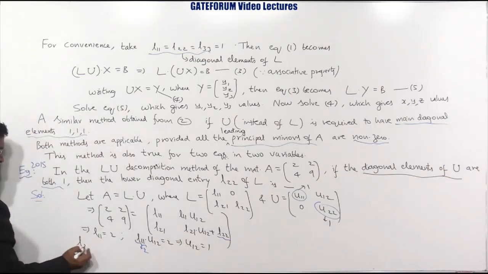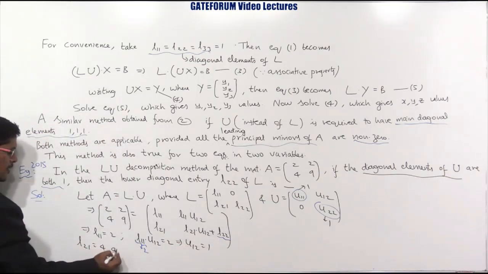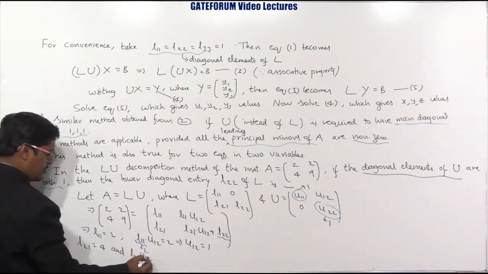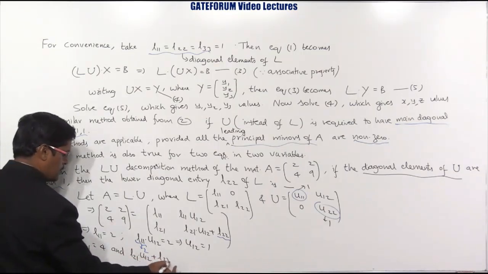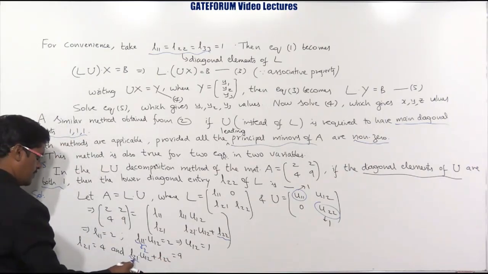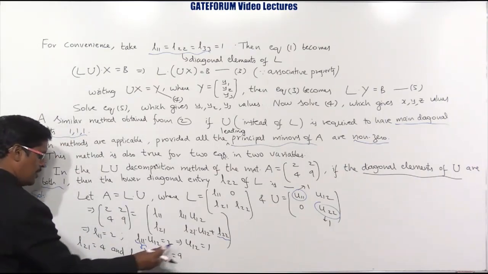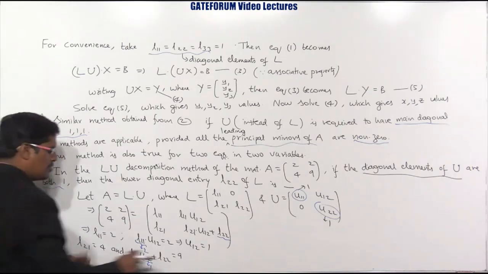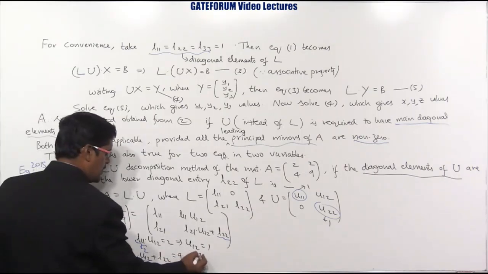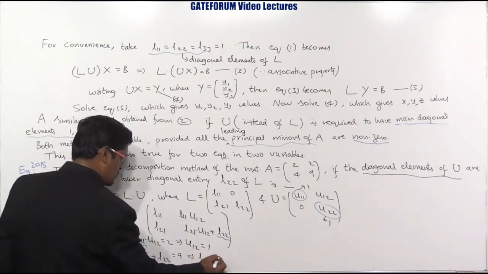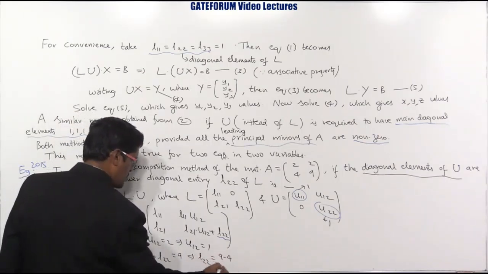And L21, third element is equal to third element. And finally fourth element L21 into U12 plus L22 is equal to 9. So what is L21 value? 4. U12 value just now we found is equal to 1. 4 into 1, 4. Shift 4 to the right side, minus 4 will give lower diagonal entry of L. That is L22 is equal to 9 minus 4 is equal to 5.